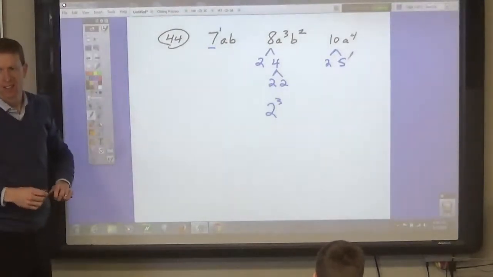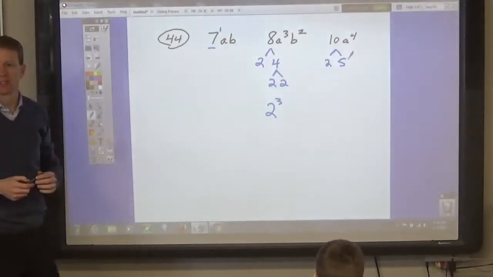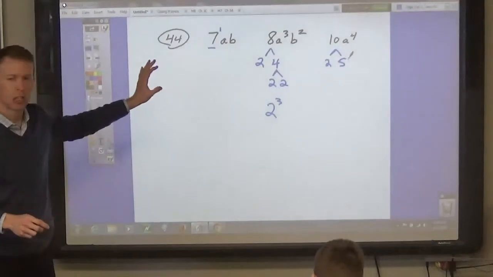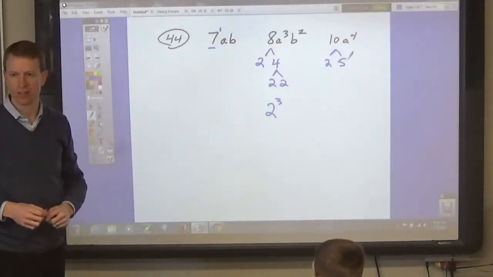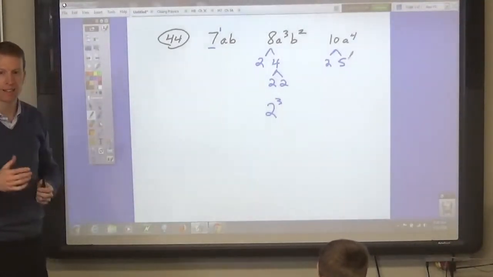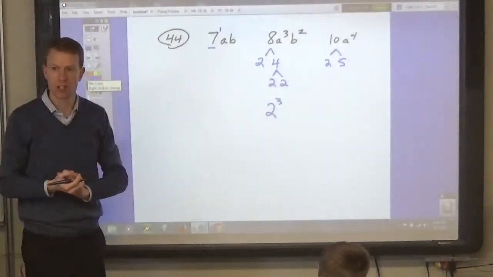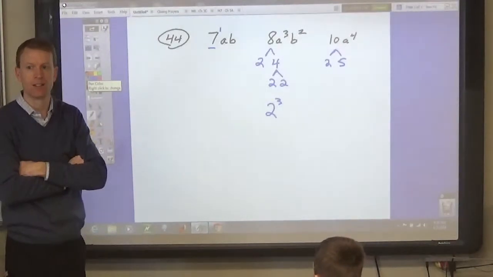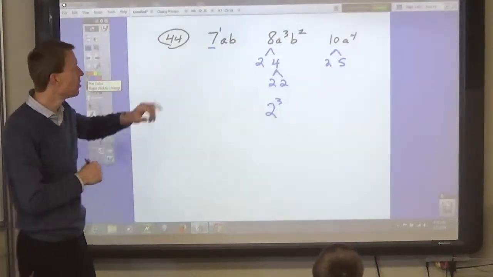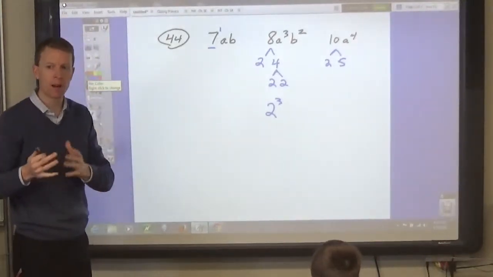Jordan, what do we need to use? From this, we have to use the greatest power of each factor. So find the biggest exponents, and we have to use each factor. So we have to use each number, each prime number.